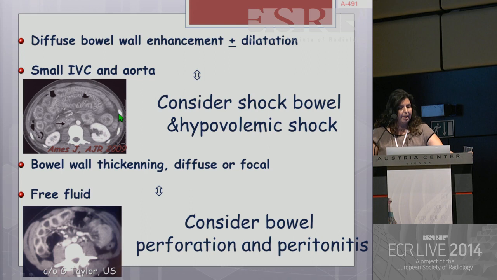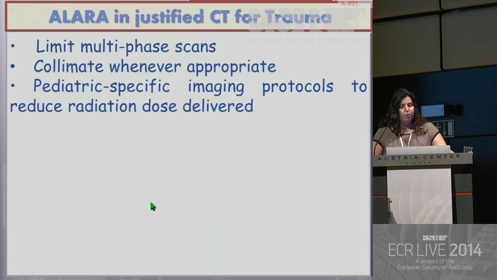Key point: if you see diffuse bowel wall enhancement with or without luminal dilatation, look at the large vessels and consider shock bowel, as opposed to bowel wall thickening that can be focal or diffuse and with free fluid, then suspect perforation.